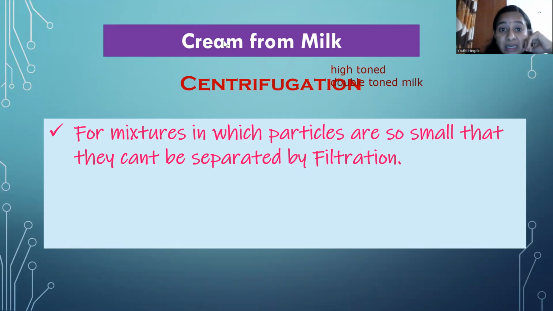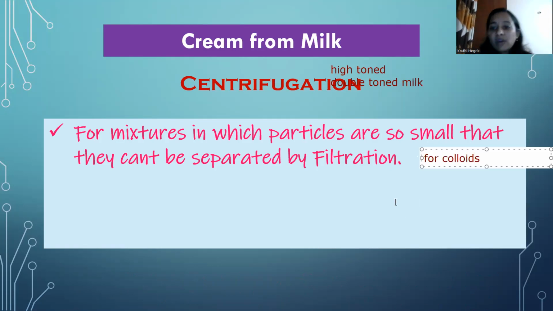That we have discussed. In case of colloids, we can't go for filtration. So for colloids, we'll go for centrifugation. The mixtures in which the particles are so small, smaller than the pores of the filter paper, will pass through the filter paper when filtration is done.